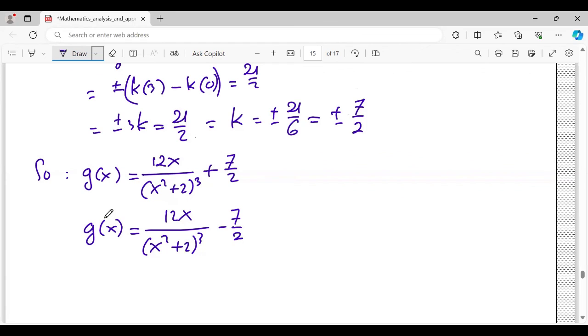So there are two g(x), this one and this one.